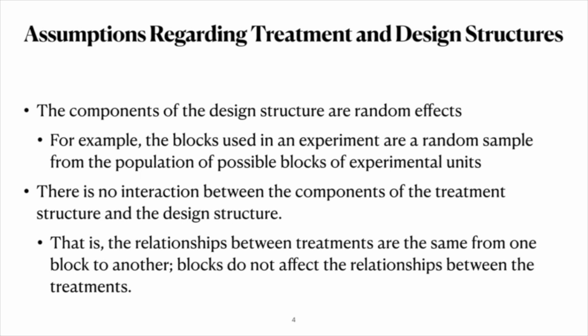Again, you may have looked at that type of design in your second methods class. It would typically not be covered in the first methods class, but oftentimes is in the second. And so in a randomized complete block, or RCB, design, the blocks used in the experiment are almost always considered to be a random sample from the population of possible blocks of experimental units. In other words, the blocks are considered to be random effects.